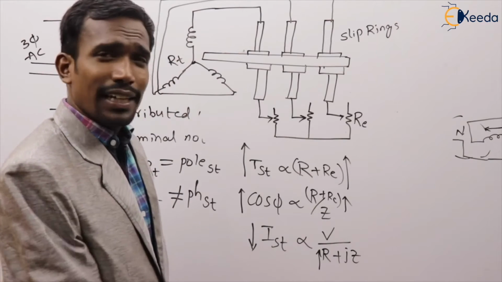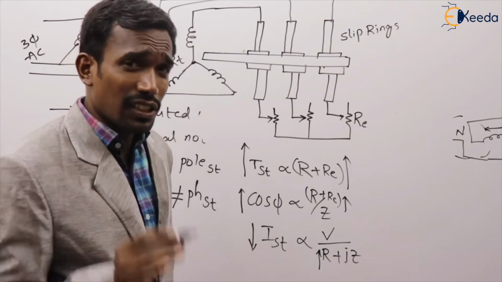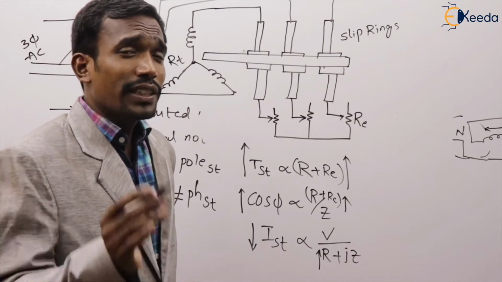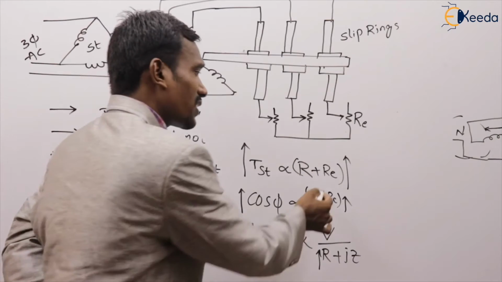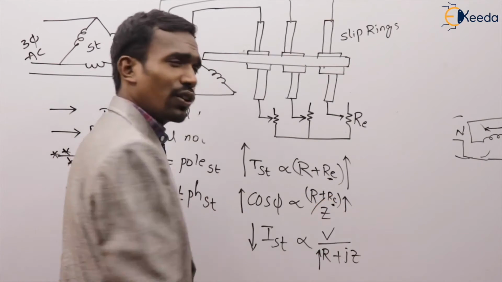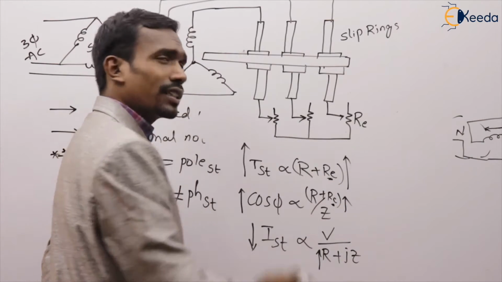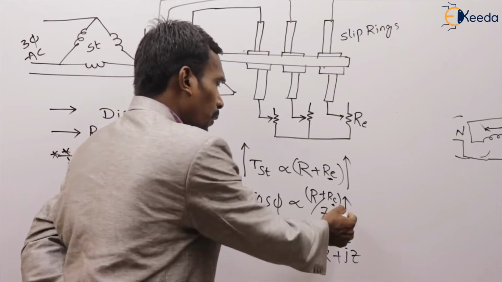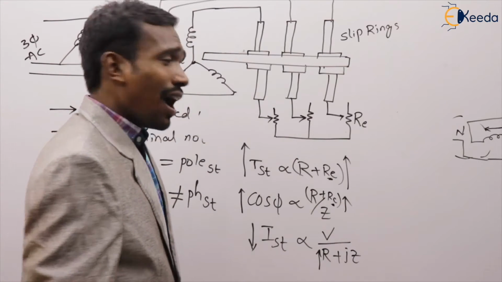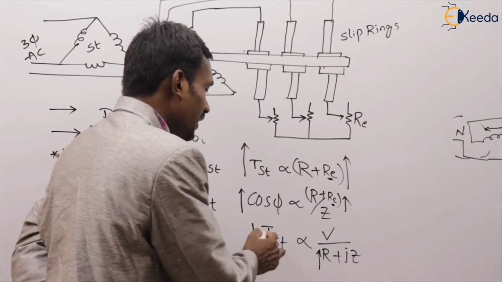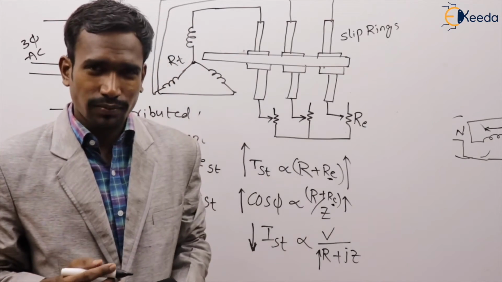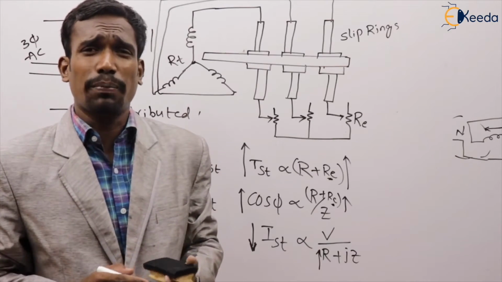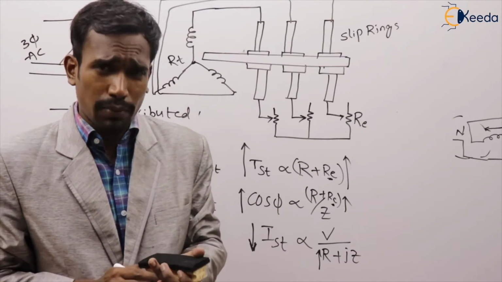So, let's see here. By adding extra resistance in series to the rotor, we can improve starting torque, we can improve power factor, and we can control starting current of the machine. These are the most important points in our slip ring induction machine.